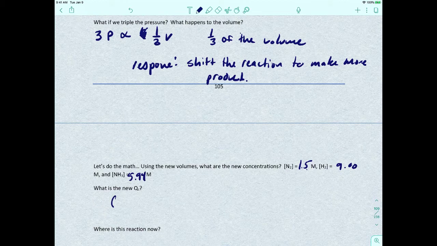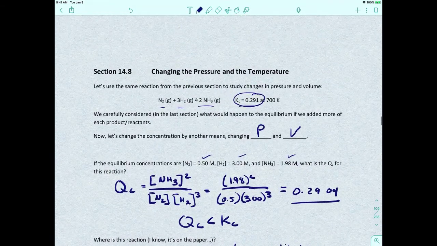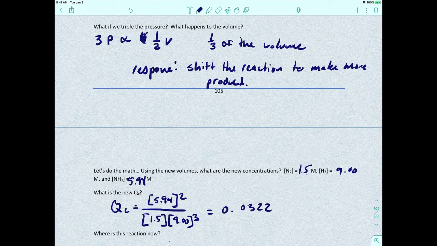If we solve for Qc, using our expression before, that would be 5.94 squared divided by the product of 1.5 times 9 cubed. So that value should be 0.0322, which, for equilibrium, was again 0.291. So that means that Qc is definitely way less than Kc.